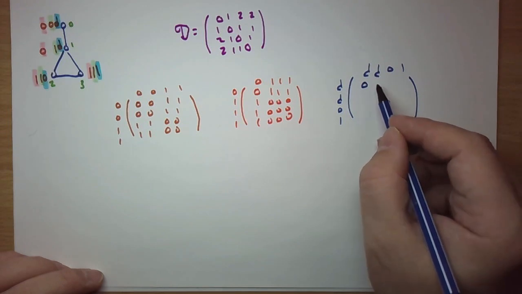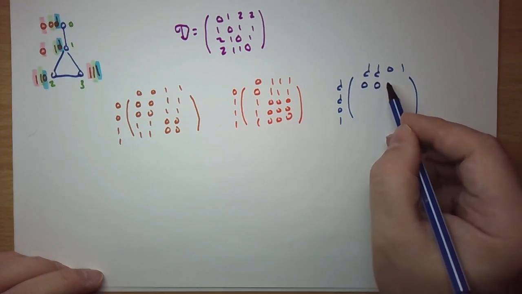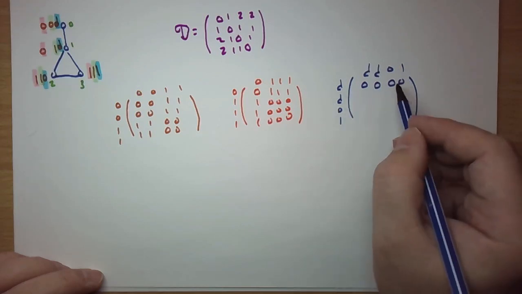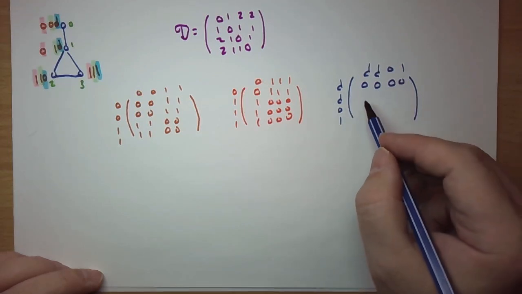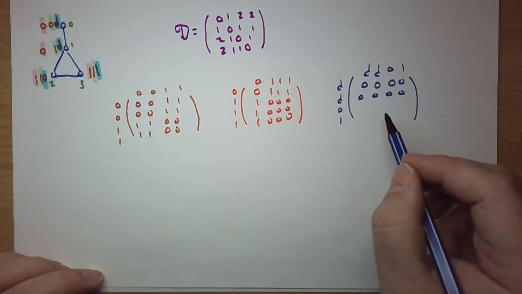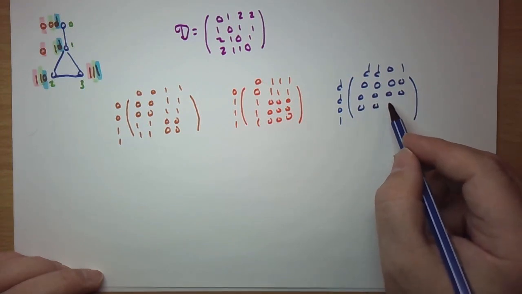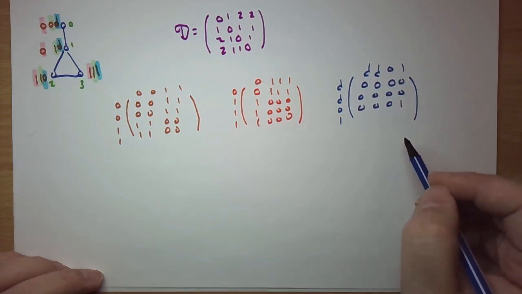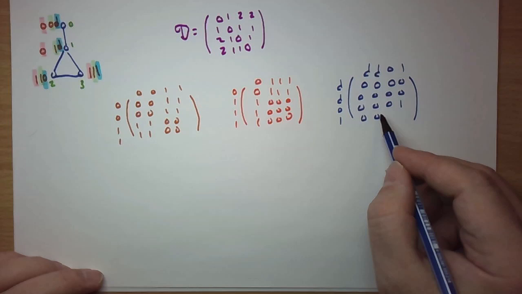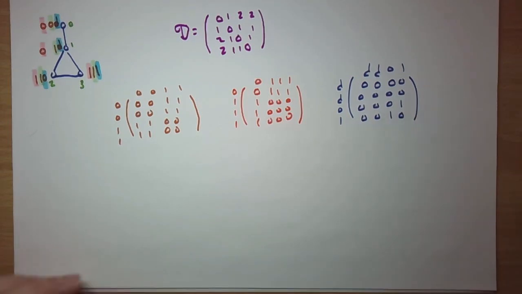Starts 0, and then 0. It's all 0. Yeah, it's all 0, because it has a D. What about the second row? All zeros again. How about the third row? 0, 0, 0, 0, 1. The last row? 1. Yep, 0, 0, 1, 0.